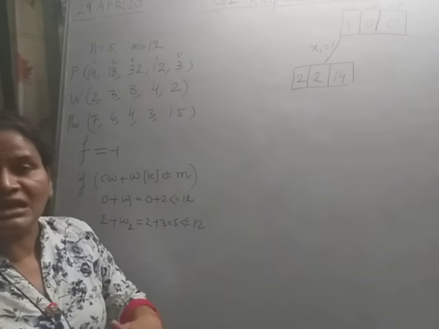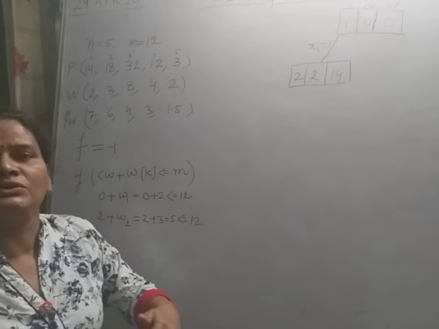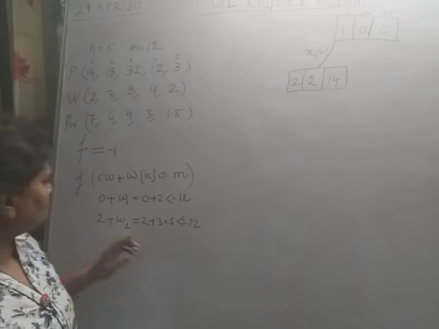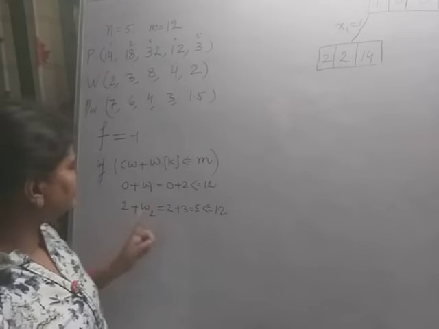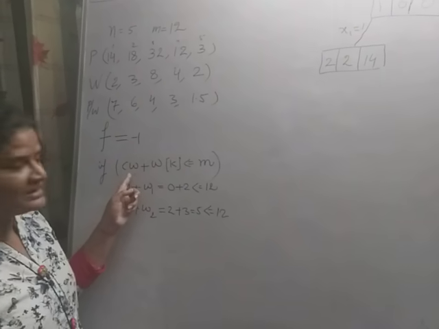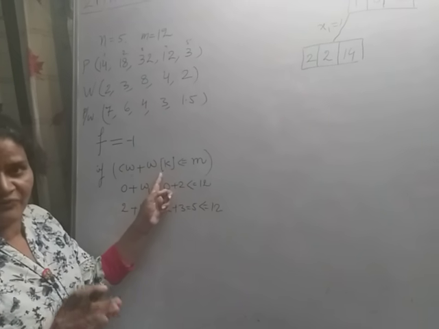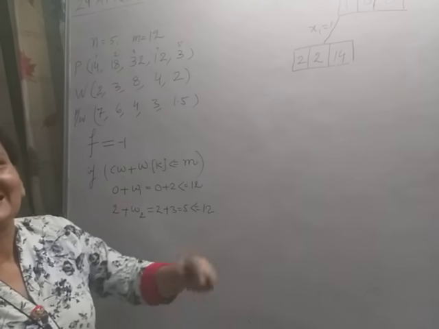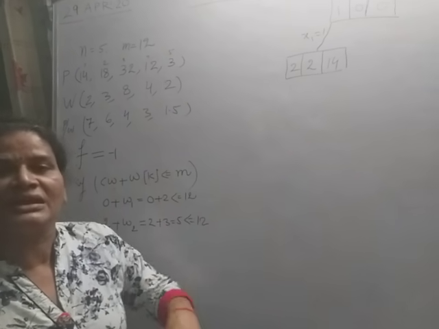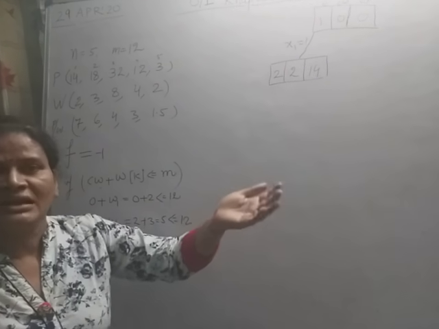Why? If k equals n, it means you are at the leaf node, and no recursion is called. So two conditions are required: the current weight plus the kth weight should be less than or equal to M, and k is less than n. Then only it will take the recursion to the left branch.